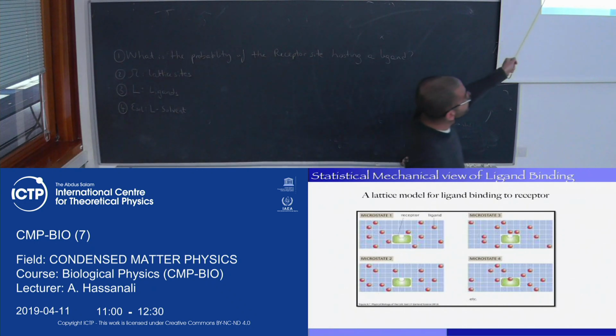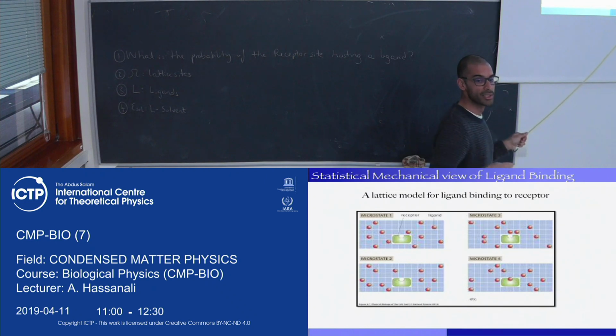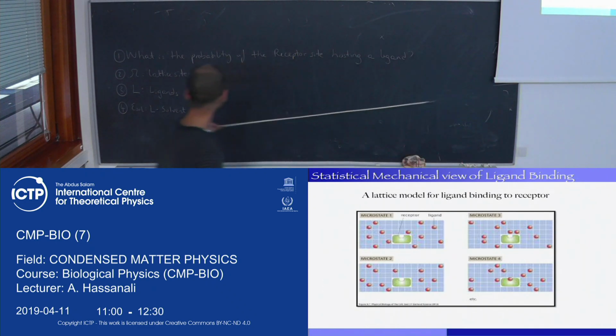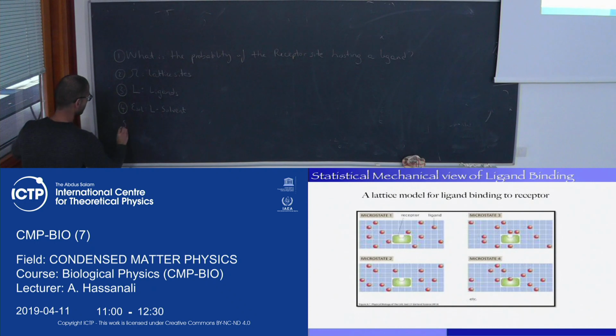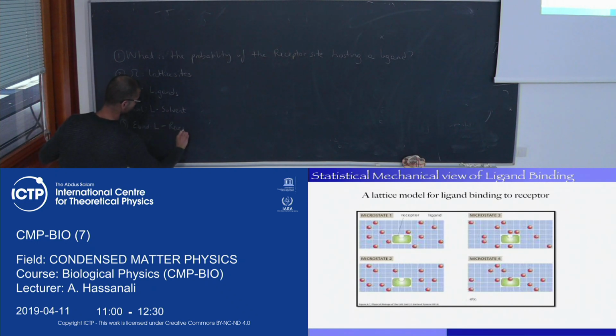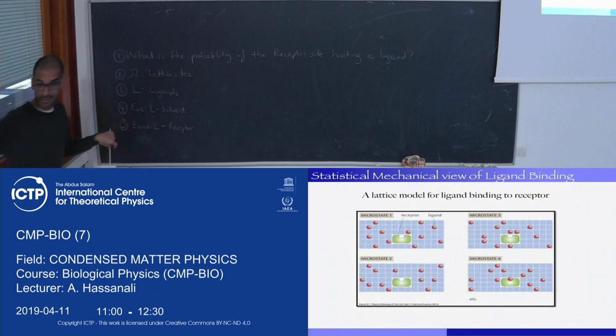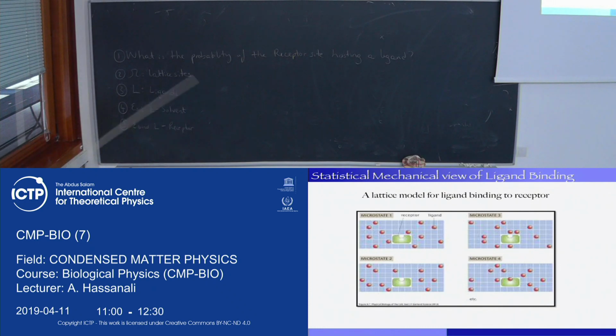So when the ligand is out here, each ligand has an interaction energy of E sol. And there's E bind. When the ligand interacts with the receptor, and only one ligand can bind to the receptor site, I get an energy of E bind. So these are the parameters, and we want to know the probability of the receptor site hosting a ligand.